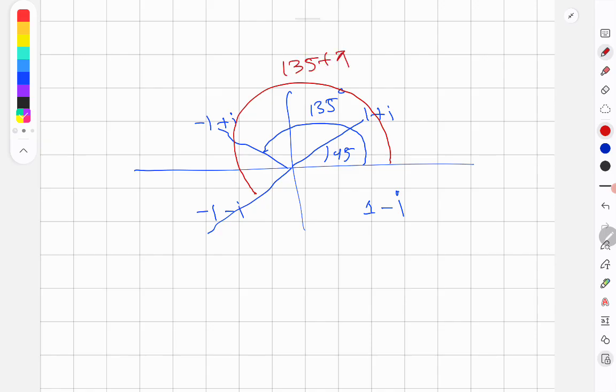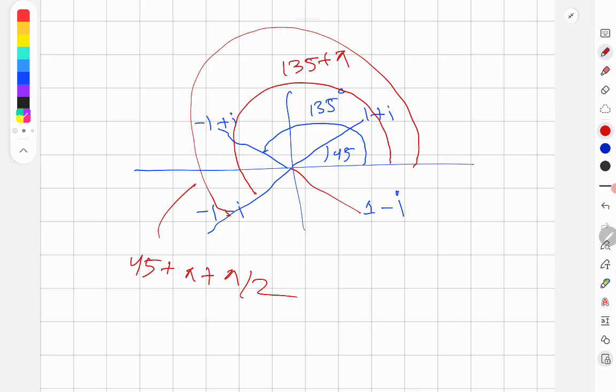And if you see this one, it's 45 plus 2 pi, no, it's okay, you are adding pi by 2, pi by 2, pi by 2, so pi plus pi by 2. What's the difference between this and this outer one? Sorry, the outer one is going here.